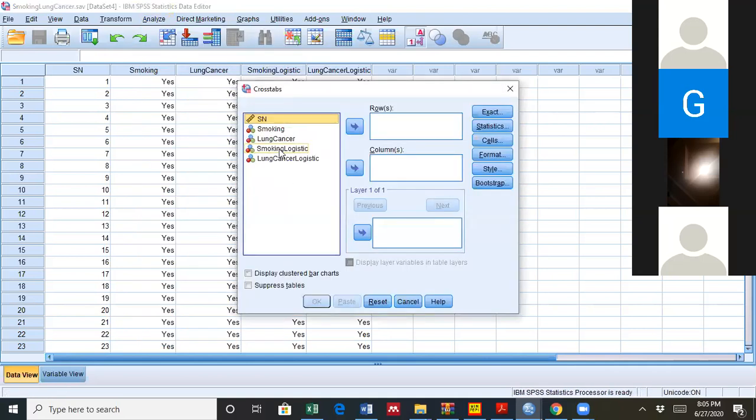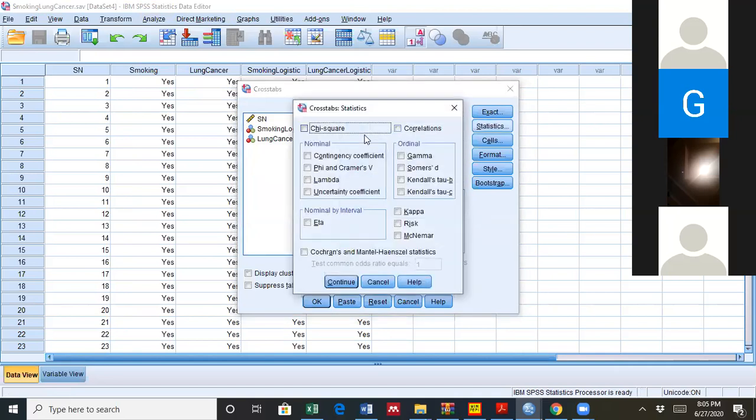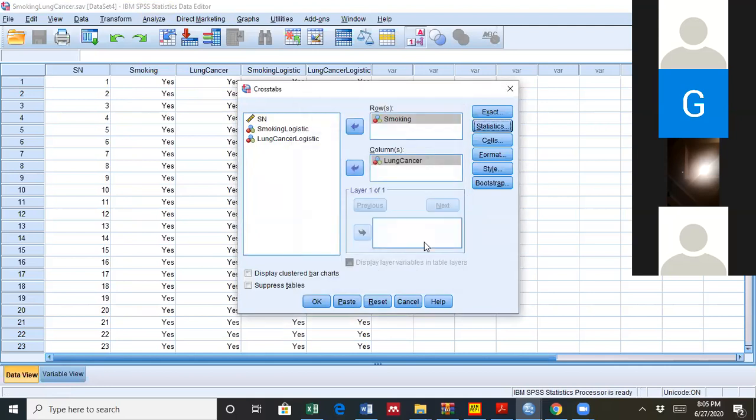So the exposure is smoking, the row. The outcome is lung cancer, the column. Now click on statistics. Click on risk. There's a risk after kappa. Click continue. Click OK.